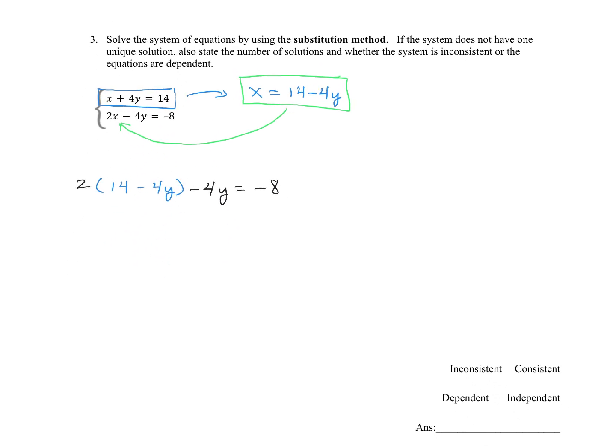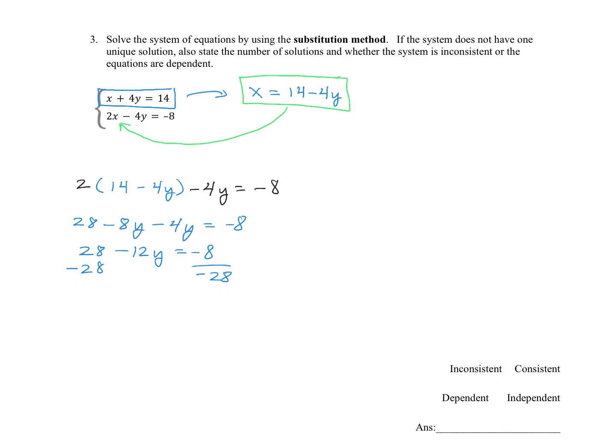All right, so now let's go ahead and solve this equation very quickly. We multiply the 2 times the 14 and get 28. The 2 times the negative 4 is minus 8y, minus the 4y behind it, equals negative 8. Combining like terms, that's 28 minus 12y is equal to negative 8. Subtract 28 from both sides.